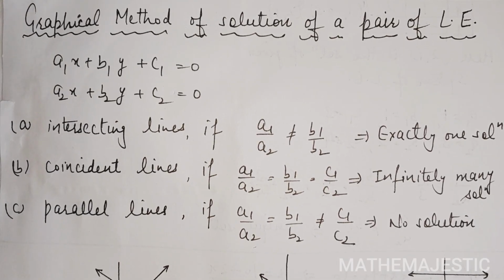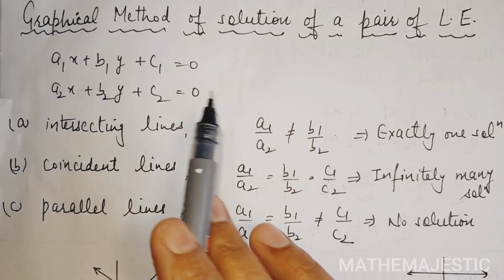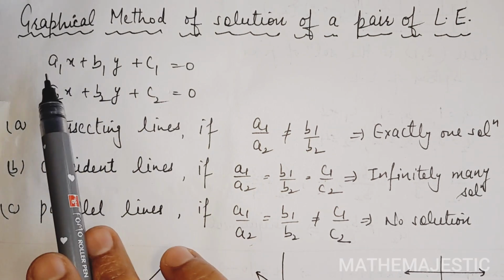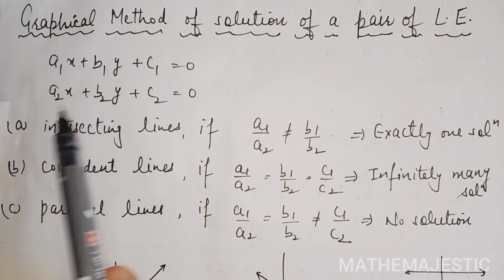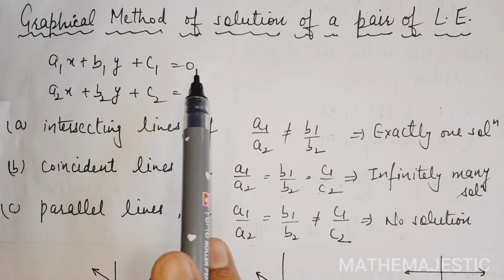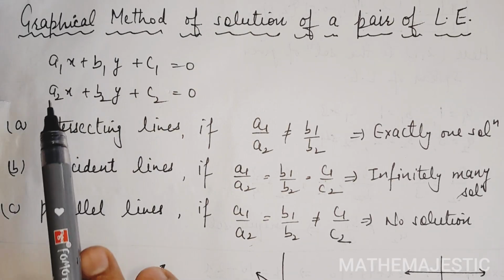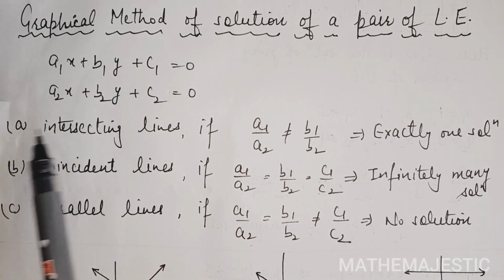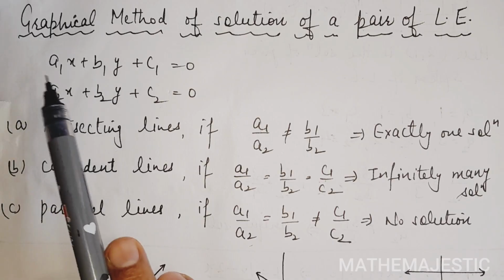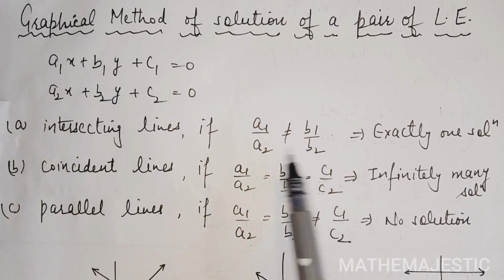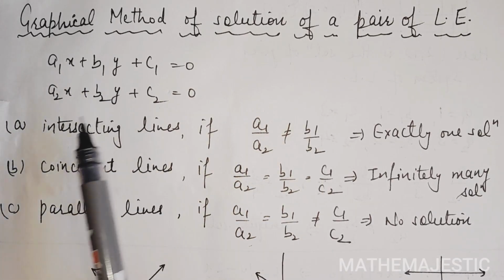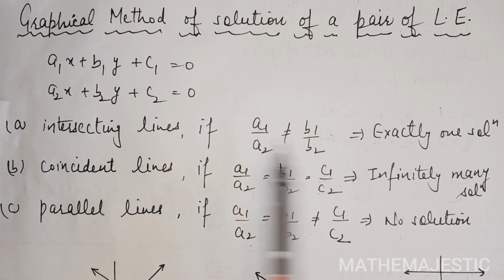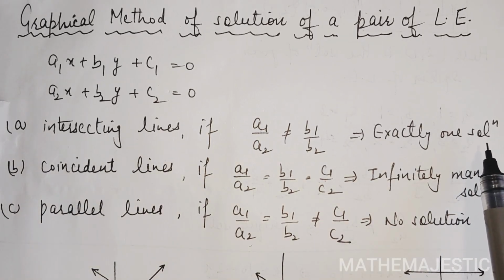This is the general form of the pair of linear equations: a1x plus b1y plus c1 equals 0, a2x plus b2y plus c2 equals 0. Now if we talk about the ratios only, if a1 by a2 is not equal to b1 by b2, then the lines will be intersecting lines, and in that case they will have exactly one solution.